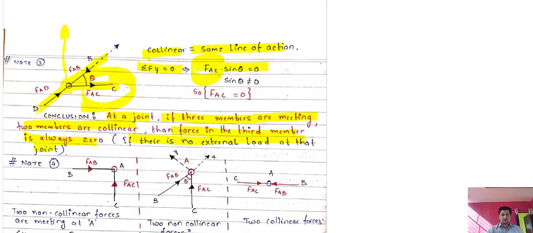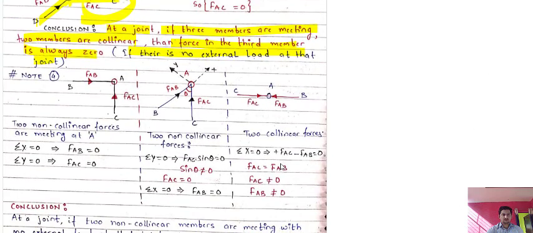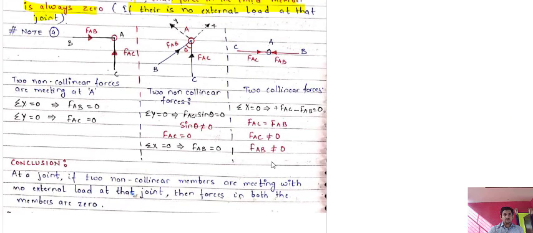Now note 4 says that if these two members, AB and AC, are non-collinear because they do not have the same line of action, then force FAB equals 0 and FAC will be 0 if there is no external force acting at that joint.